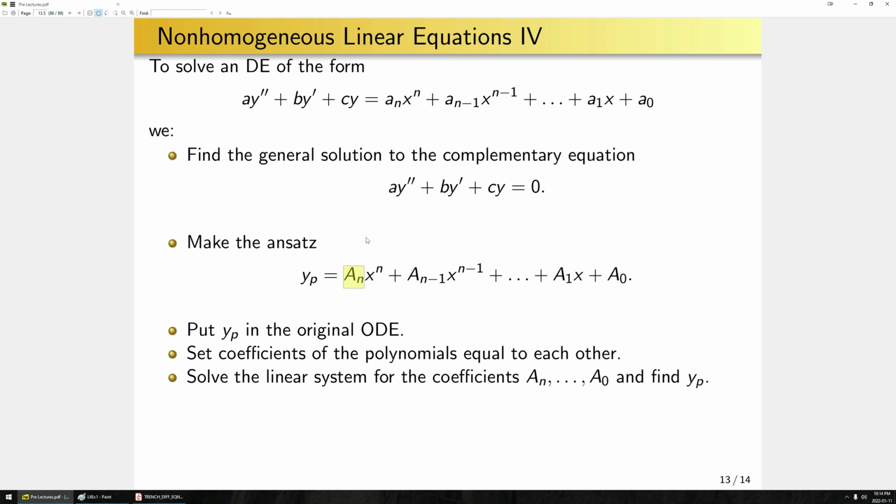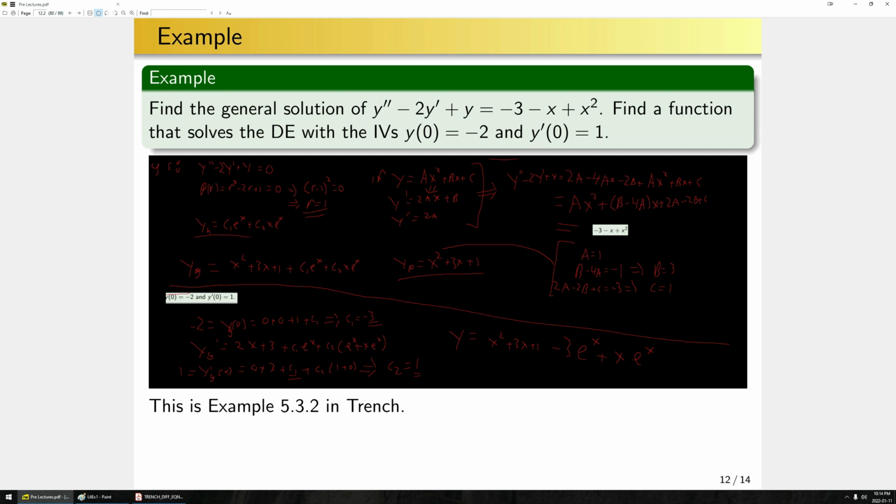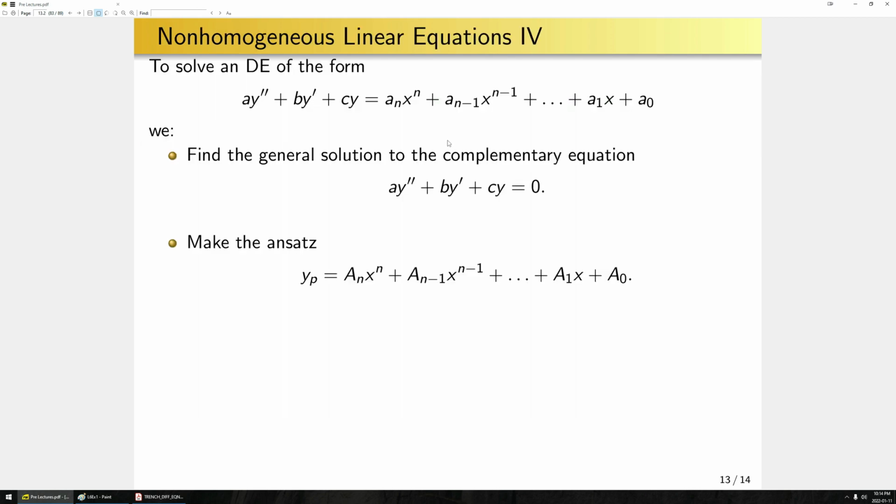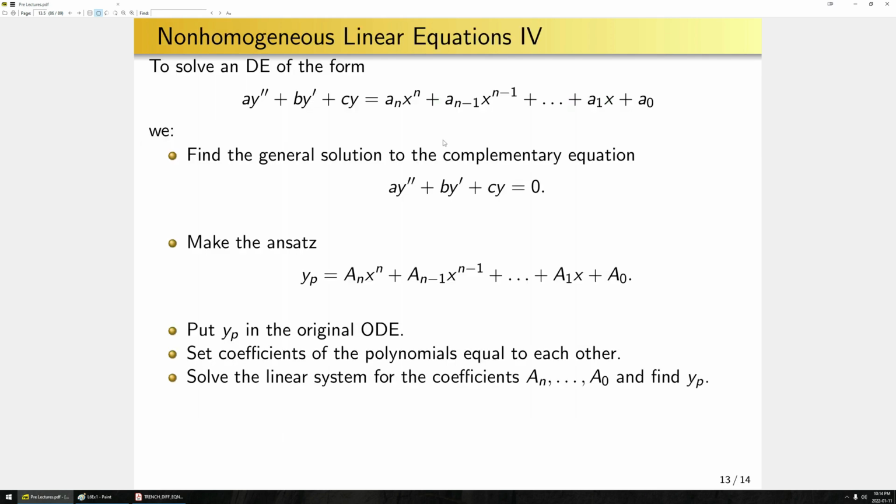You can if you really want to, but the back substitution will already be sitting there for you if you start by finding this coefficient a n using the nth term here, and then use the (n minus 1)th, etc. And that's exactly what I did in my work over here, right? I started with the x squared and then the x and then the constant. If you do that, this back substitution trick will always work if you have differential equations of this form, okay? If you have something different, it might not work, but for these ones, it does work. So keep that in mind to make your life a little bit easier when working out those problems.